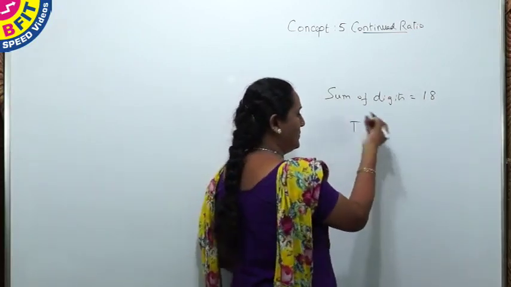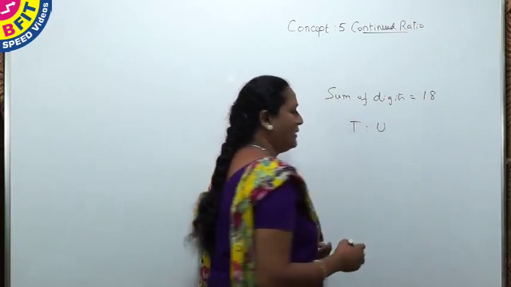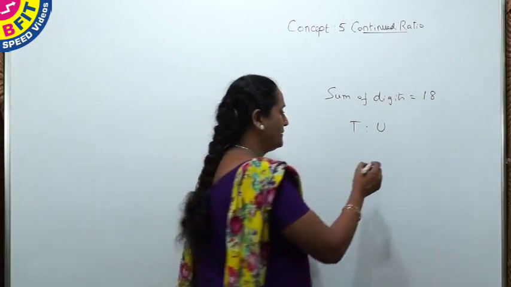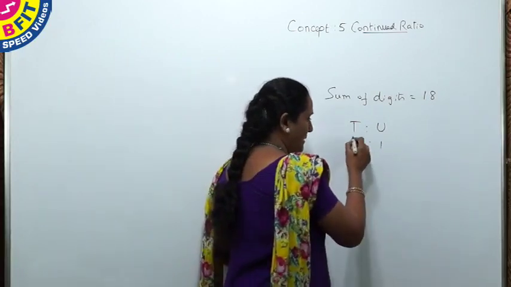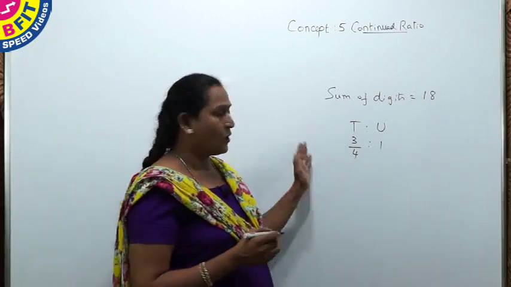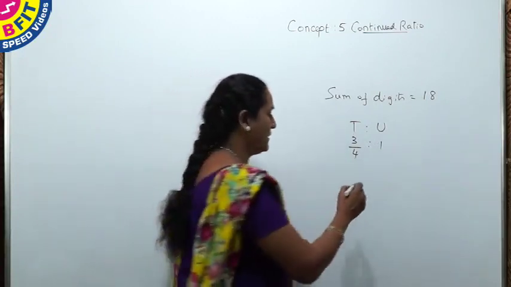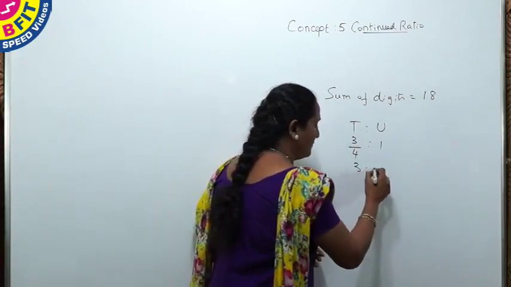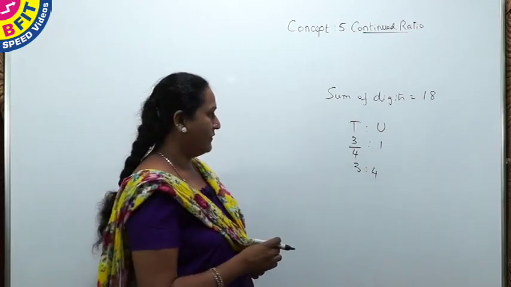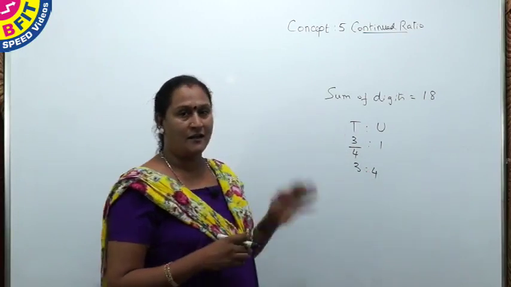So tens place I'll mention as T and the unit place as U. The unit place you take as the base. So it is 3/4. Now what will be the ratio for tens and units place? 3:4.